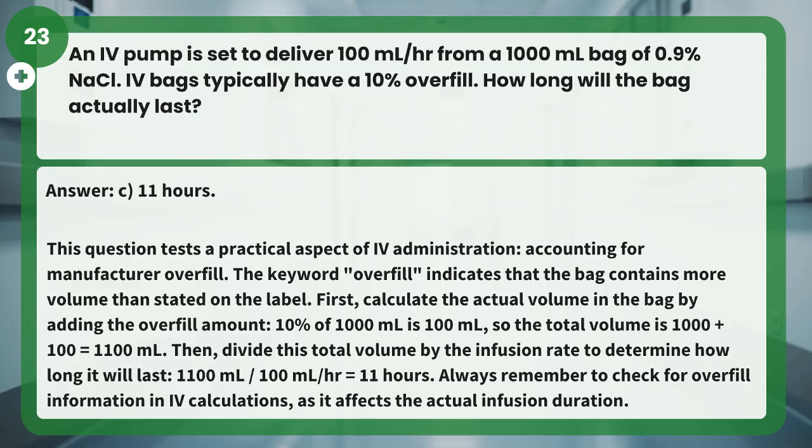Then, divide this total volume by the infusion rate to determine how long it will last. 1100 milliliters/100 milliliters per hour equals 11 hours. Always remember to check for overfill information in IV calculations, as it affects the actual infusion duration.